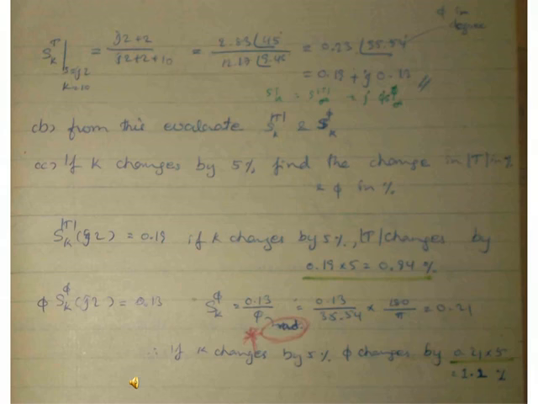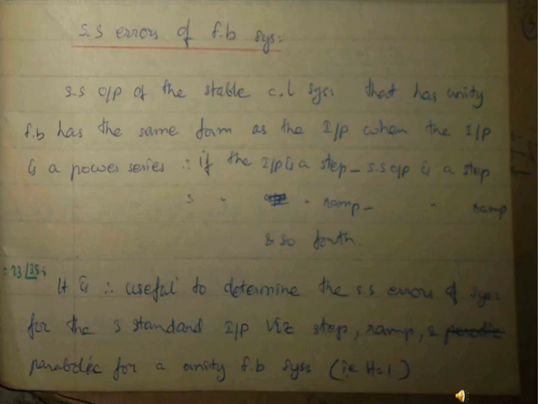Then we explain the steady state error of the feedback system. The steady state output of the stable closed loop system that has a unity feedback has the same form as the input. When the input is a power series, the output is also a power series. Input is a step, output is a step; input is a ramp, and the output is a ramp. This is what we call the steady state error of the feedback system.